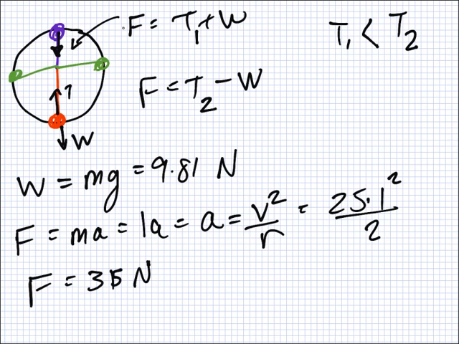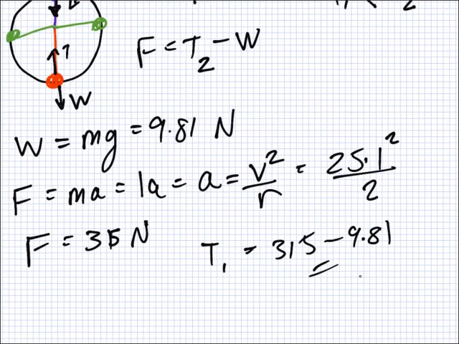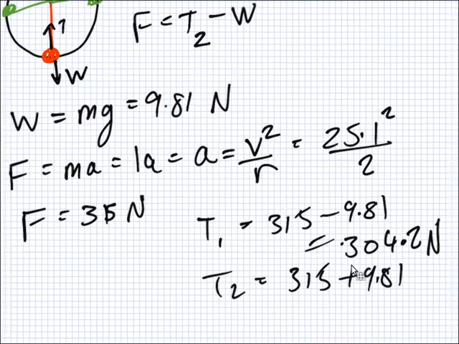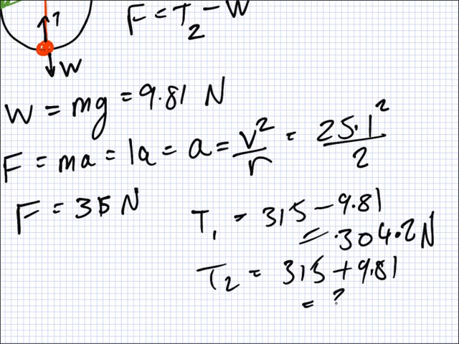Okay, so if I use this now, I can say T1 equals F minus W, 304.19, and T2 will be 315 plus 9.81 newtons, which is 323.8. There you go.